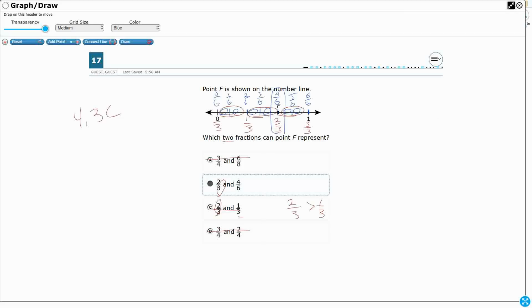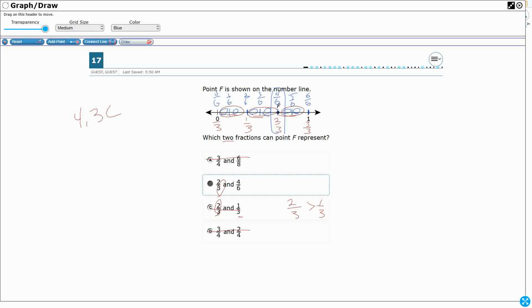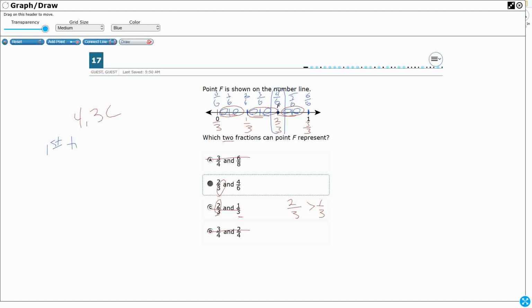Now here's the interesting thing. This is 4.3C. This is the first time that this particular standard has ever been tested on STAAR. So this might not necessarily be one that teachers pay a lot of attention to because it's never been tested in the past, but it is a supporting standard.